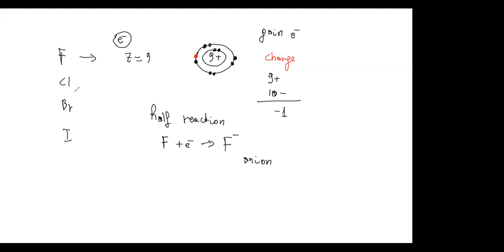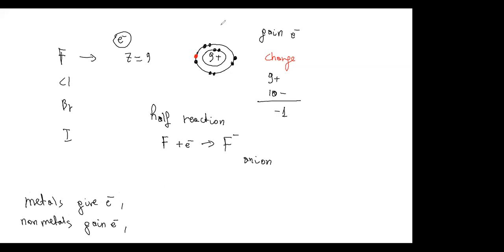So as a summary for reactivity, from forming these ions or taking and giving electrons, we would say that metals give electrons and non-metals gain electrons.